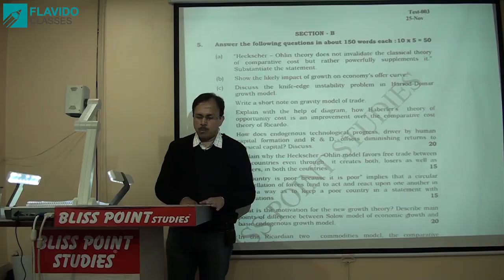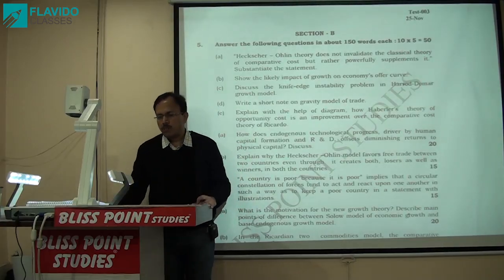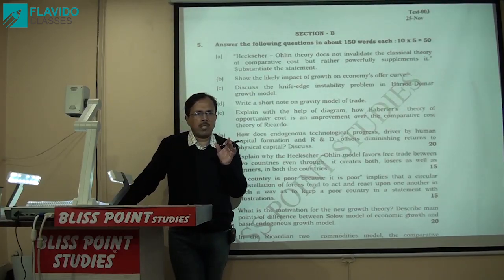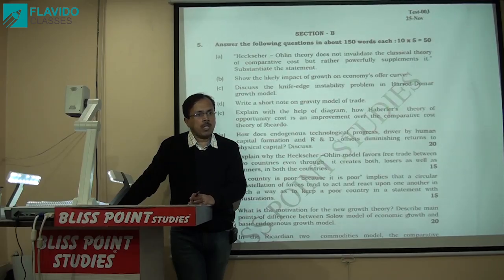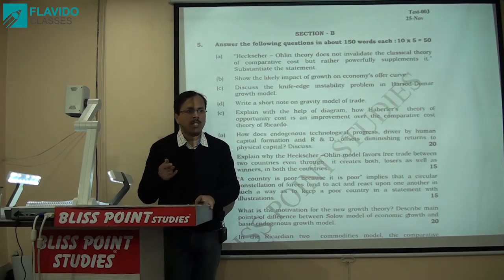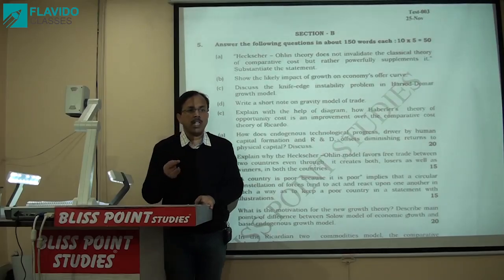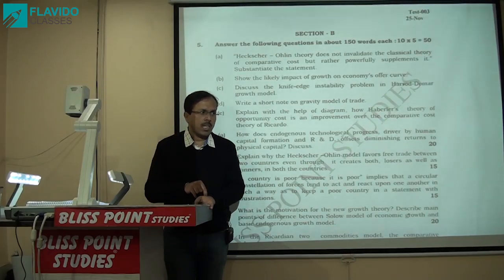Now while explaining such type of question, just in that first paragraph you must explain comparative cost advantage and the HO model. So according to the comparative cost advantage theory, a country will have comparative advantage in that line of production in which opportunity cost of production is lower in that country as compared to the other country.